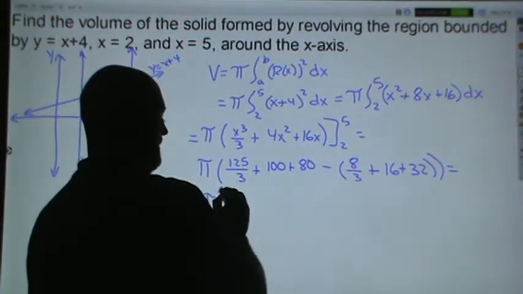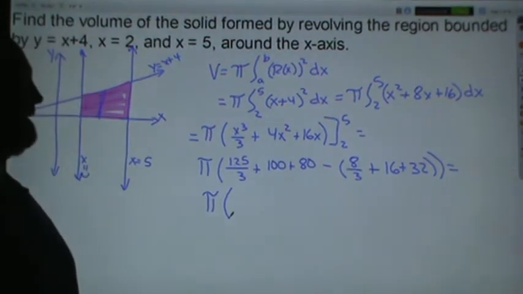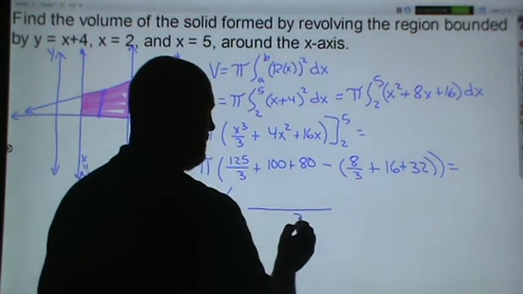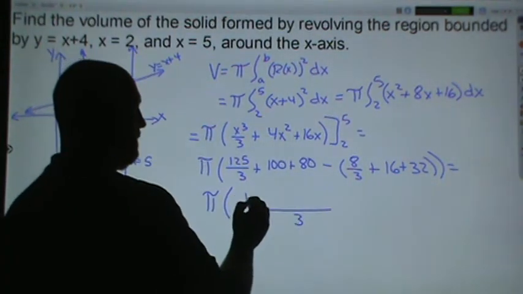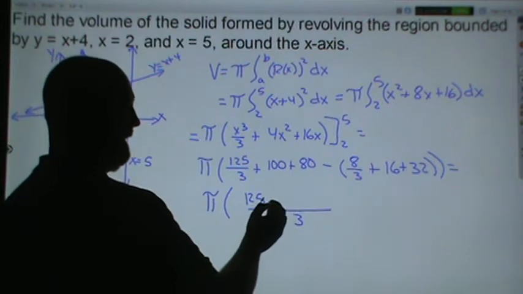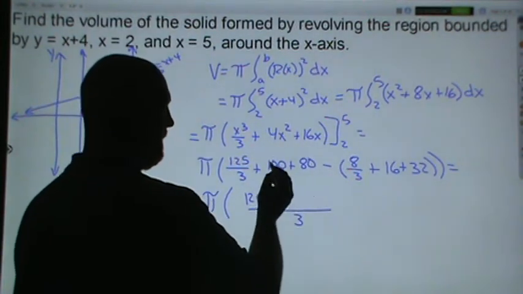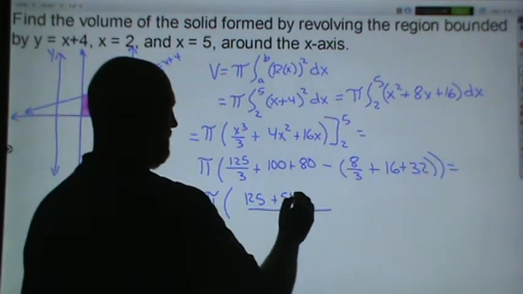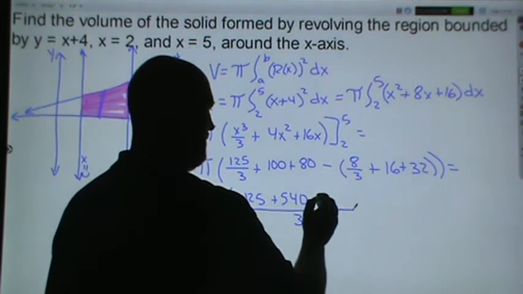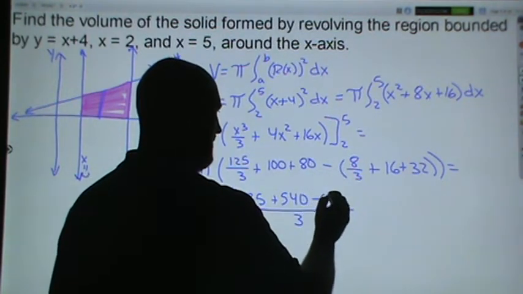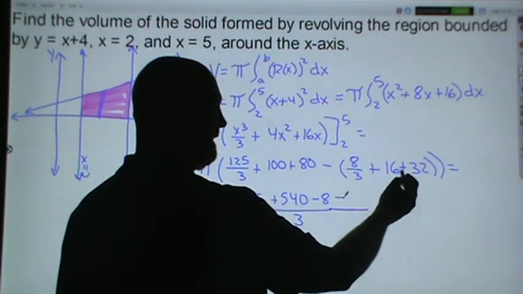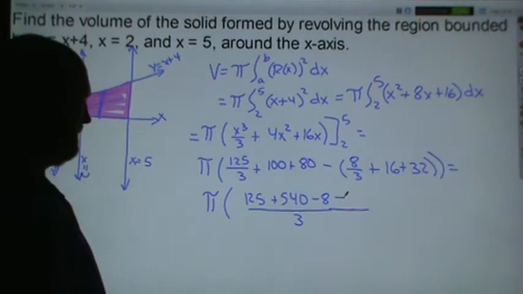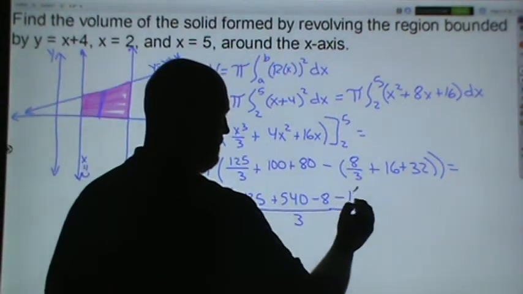I'm going to have pi times, I'd probably like to get a common denominator here. I'd probably go with a 3. So if I go with a 3 right here, I still have my 125. I have 180 times 3. 180 times 3 is 540. And then I have minus 8. And then I have minus this 48, and 48 times 3 is 144.